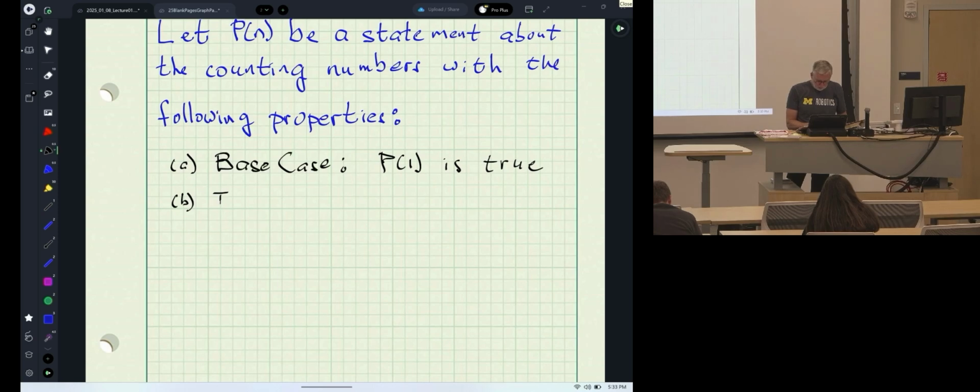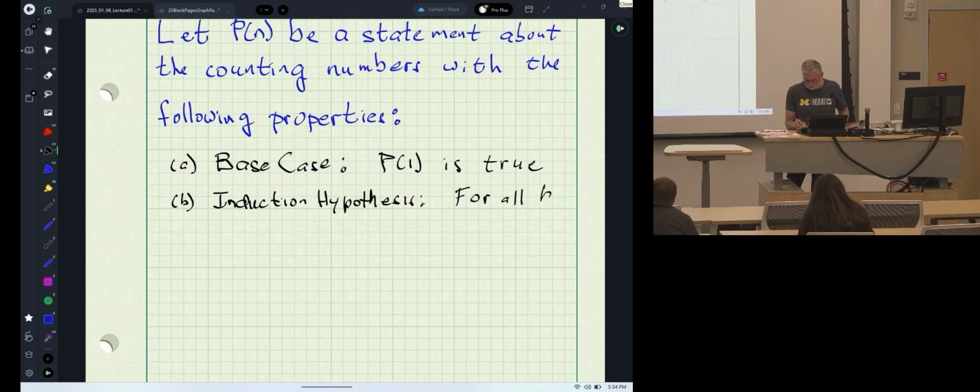B is called the induction hypothesis. And it says, for all counting numbers k bigger than or equal to 1, if the statement P of k is true, then P of k plus 1 is also true.